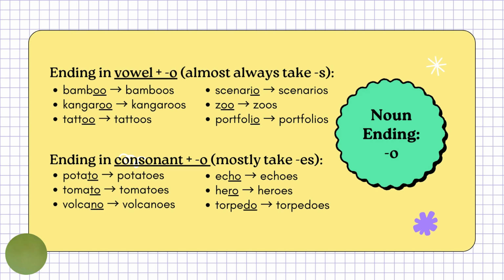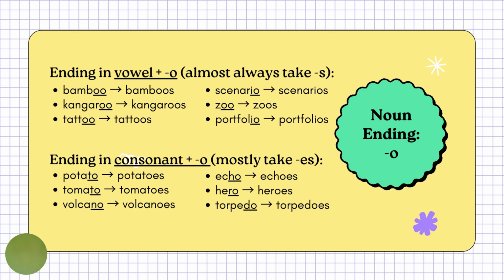So you will read it like bamboos, kangaroos. Yeah, it's kind of maybe difficult to pronounce. So if there are two vowels like this one and ending with O, you just add S.